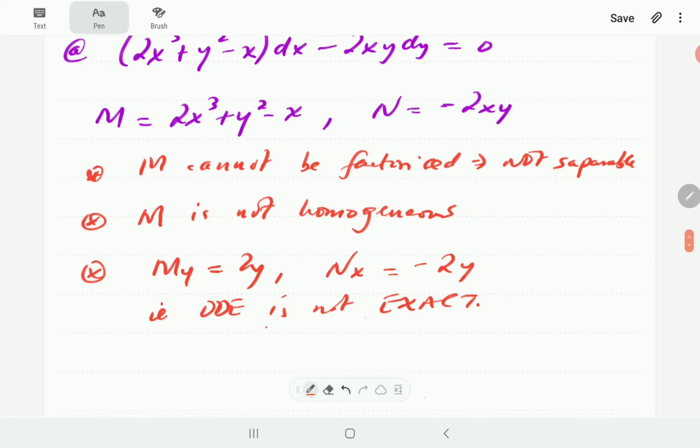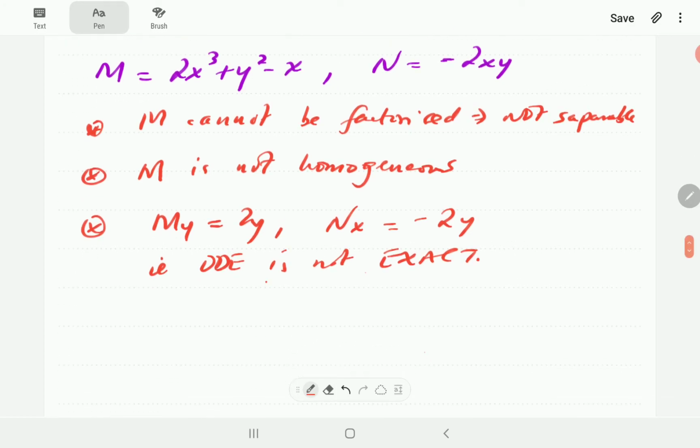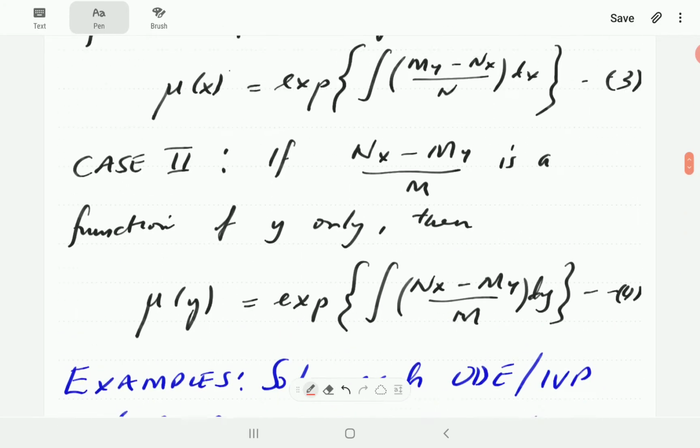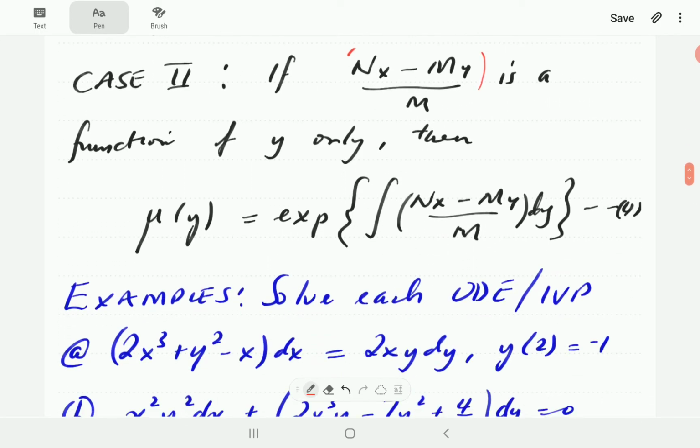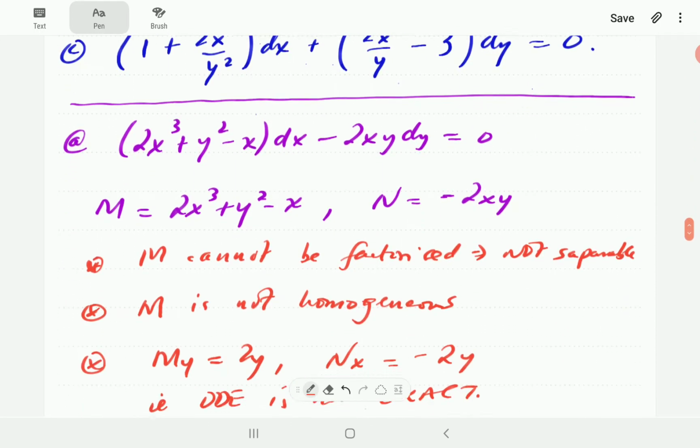All right, and so now we're going to try these two forms. We're going to try and work out this combination. If this combination is a function of x only, then we can find an integrating factor. Or if this combination is a function of y only, then we can find an integrating factor.